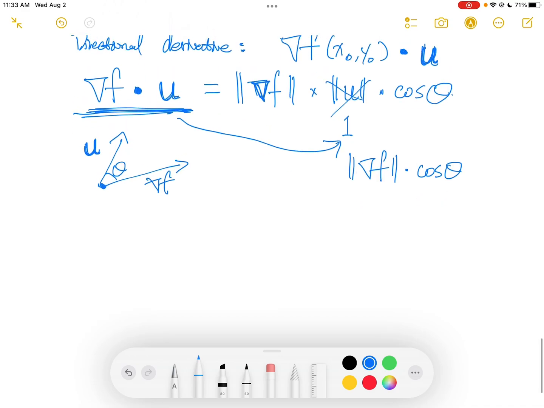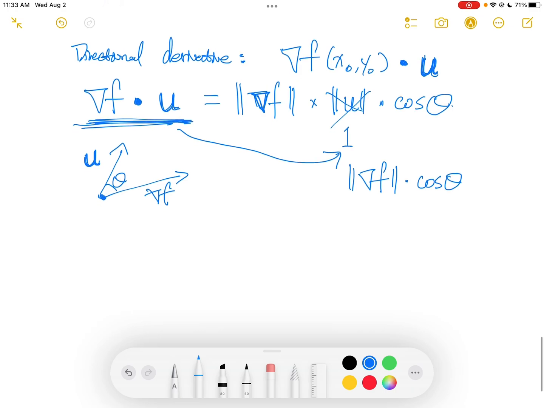Okay, and then we can see that this is maximized when cos theta equals 1, meaning when theta equals 0 degrees, meaning when the direction u is the same as the direction of the gradient vector. That's when we have the maximum change in z.